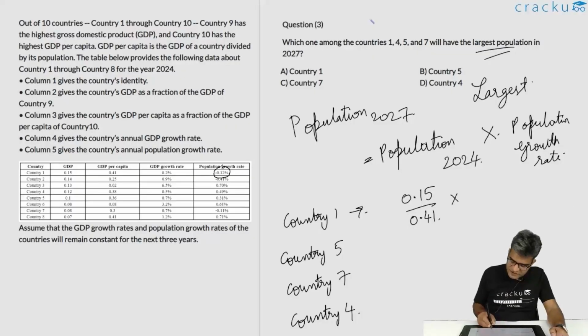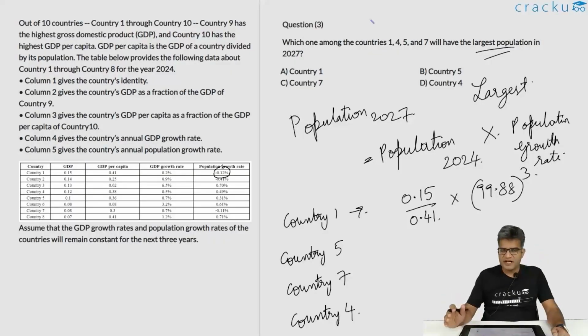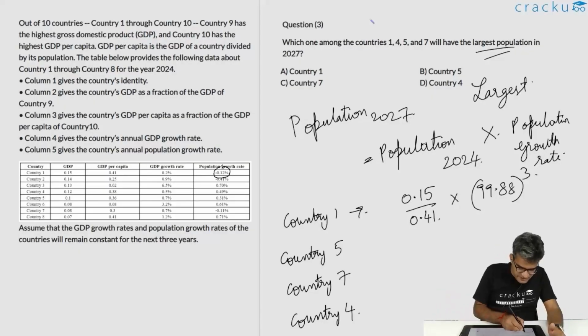So, you multiply this with 99.88% whole cube. Again, because we are only comparing it, the denominator of 100 we are removing from all of the 4, because we are just comparing each of these 4 fractions. What about country 5? The population in 2024 will be GDP, which is 0.1, divided by GDP per capita, which is 0.36, into the growth rate, which is 0.31.